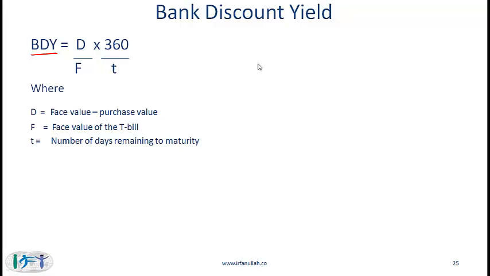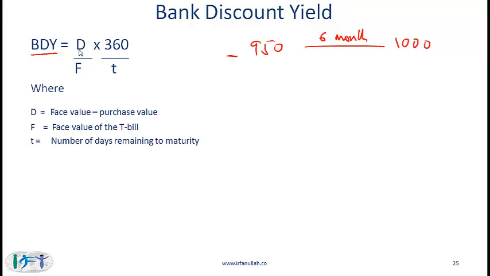Let's say the government issues a bond for 950. So this is how much investors pay for the bond, and the face value is 1,000, which means that after 6 months, assuming this is a 6-month T-bill, the investor will get 1,000. What is the bank discount yield on this instrument?